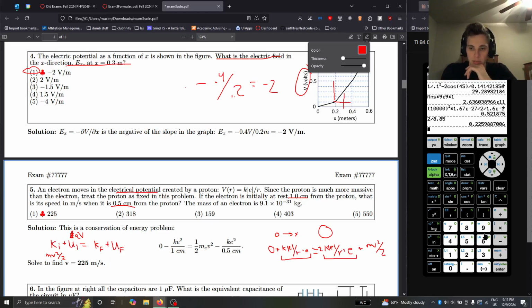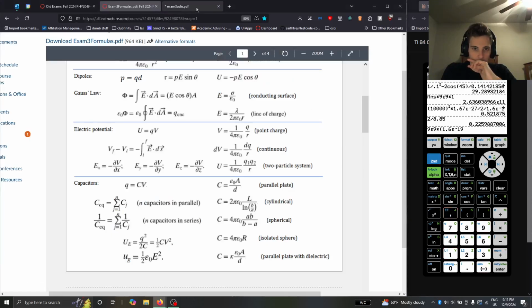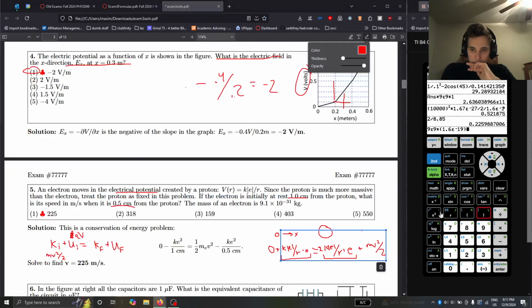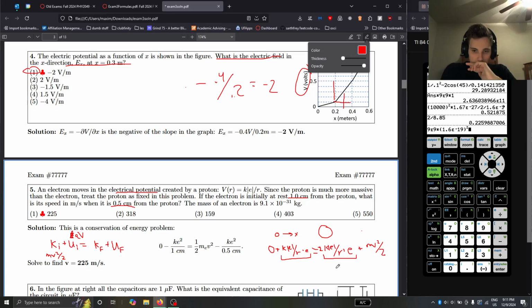So we'll end up just having K times E squared. So I'll just go, whoopsies, 1.6. What was it? Negative 19, I think. You probably know this at this point, squared, and then divided by that original r, which is just 1 centimeter.